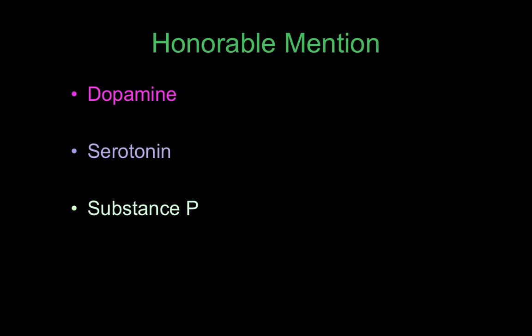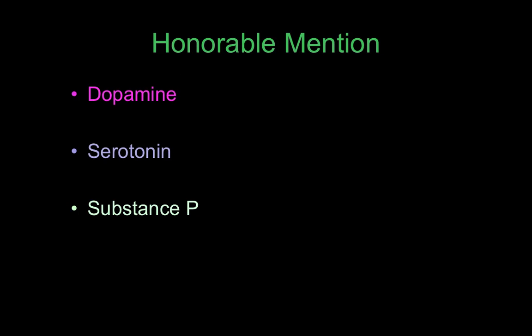These three neurotransmitters are very popular, and we're going to be looking at them later on. So we have not covered all the neurotransmitters. We just covered some, but rest assured, we're going to be covering these later on.